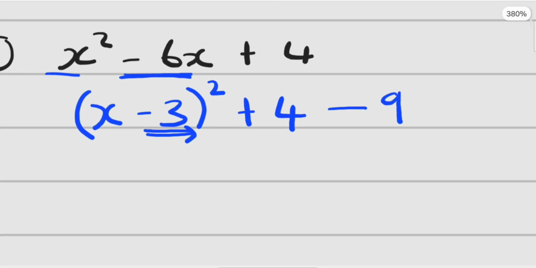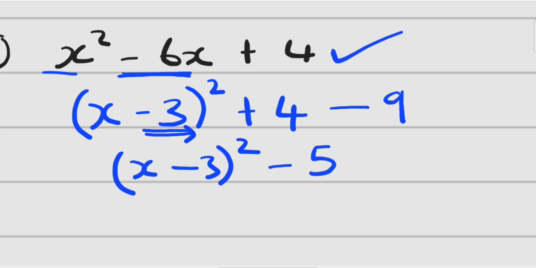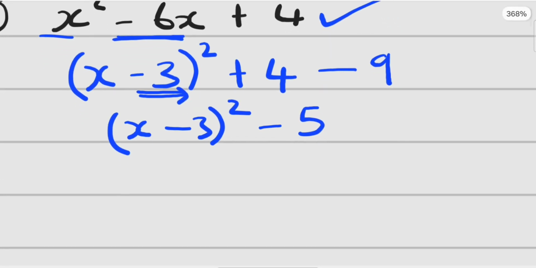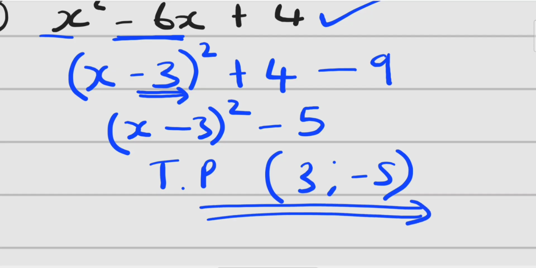So our final answer here will be x minus 3 squared minus 5. And to get the turning point of this quadratic graph, we will then say the turning point is 3, minus 5.